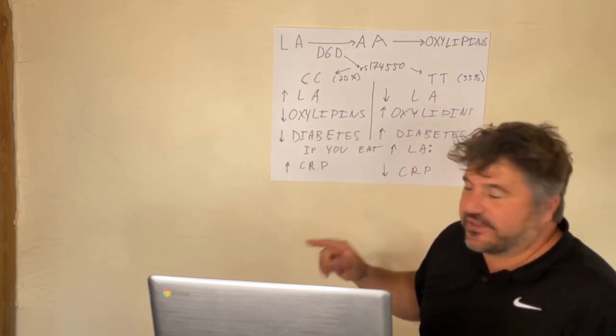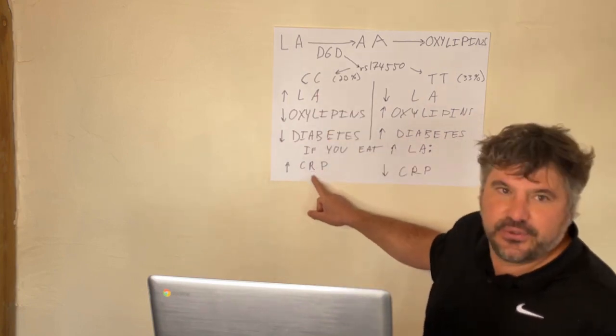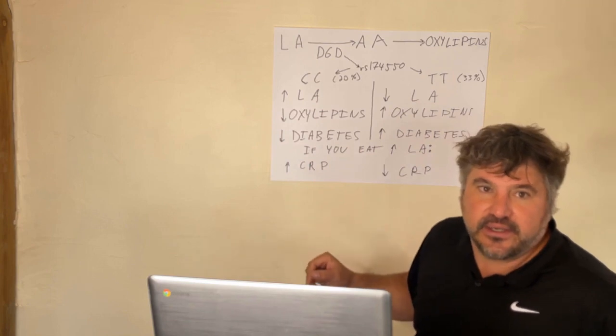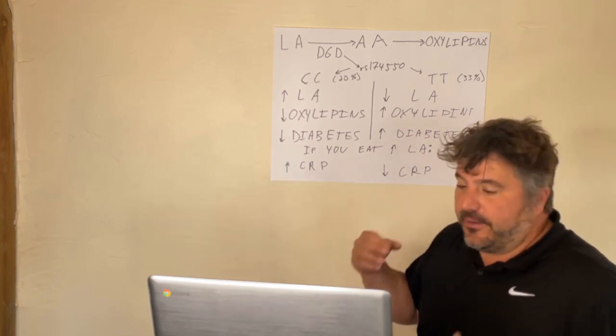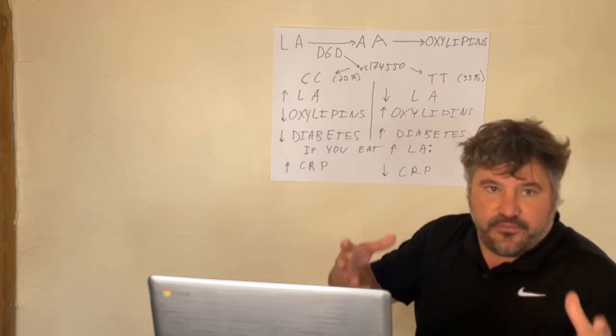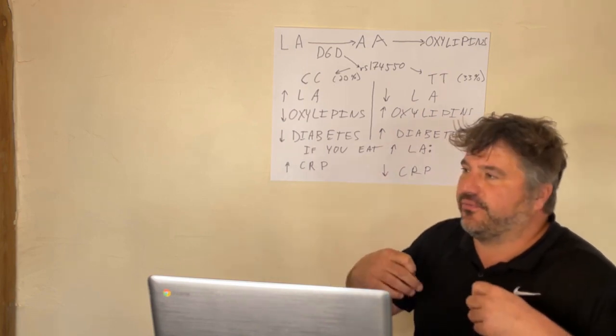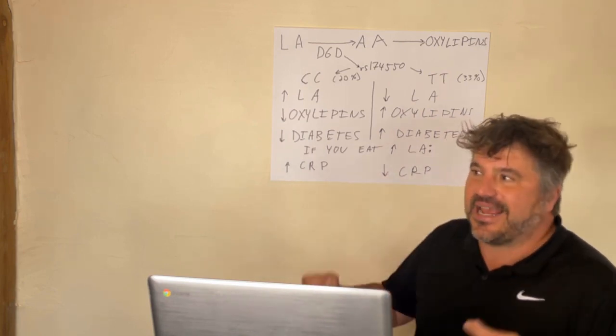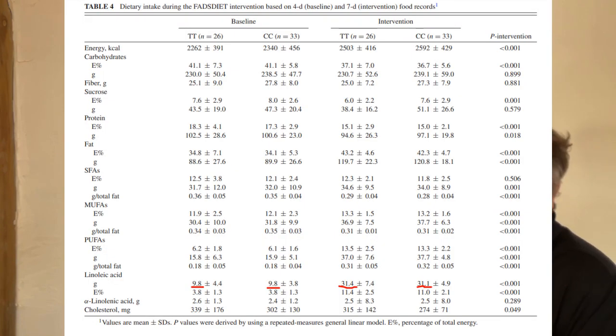And interestingly, those are the people who, in the study, what they do is they take these people from Finland who are getting about 10 grams of linoleic acid a day, and then they triple it, they go up to 30, I think at the end it's 31 grams of linoleic acid a day.